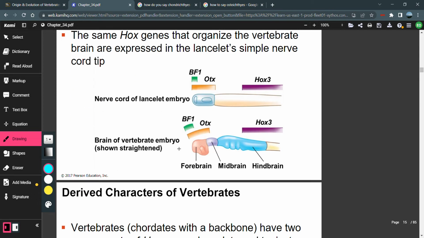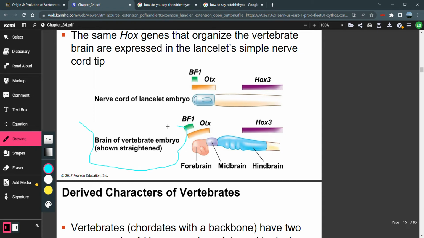So here is the brain of a vertebrate embryo and a nerve cord in a nascent embryo, and these are the genes that control the expression of many structures. So we have OTX genes, BF1 genes, and HOX genes. HOX forms the hindbrain and parts of the midbrain, and the OTX forms the forebrain and the BF1.